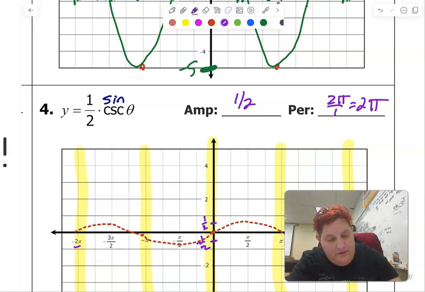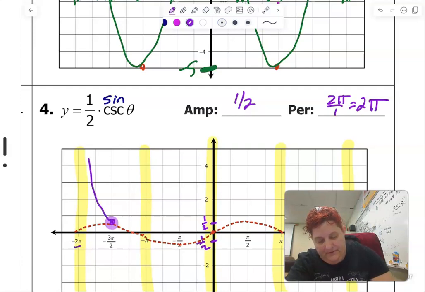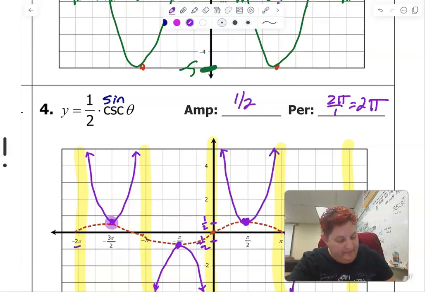And what we do is we take the top part of that, and just make these parabola looking things off of the maxes and mins of where sine was. That should be more in the middle. There we go. That's our graph of cosecant.